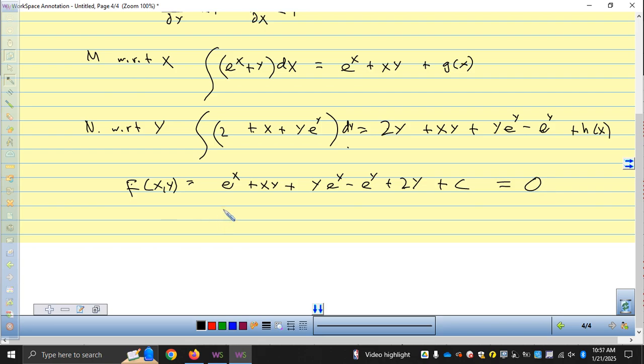And we know that y equals 1 when x equals 0. So I'm going to plug that in. e to the 0 plus 0 times 1 plus 1 e to the 1 minus e to the 1 plus 2 plus c equals 0. I had to write all that down so I didn't make an arithmetic error.